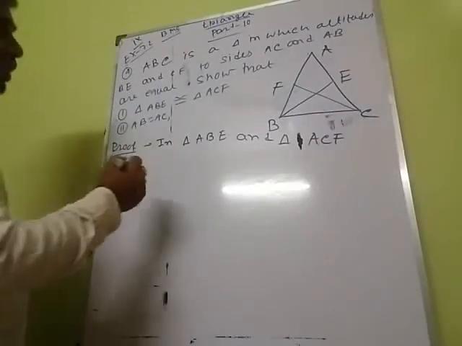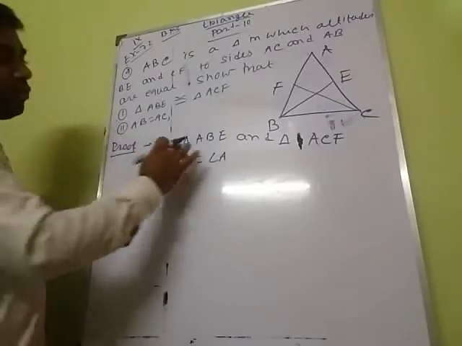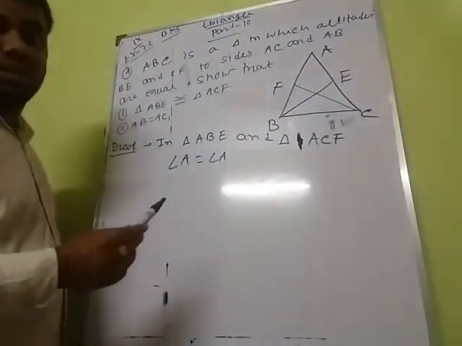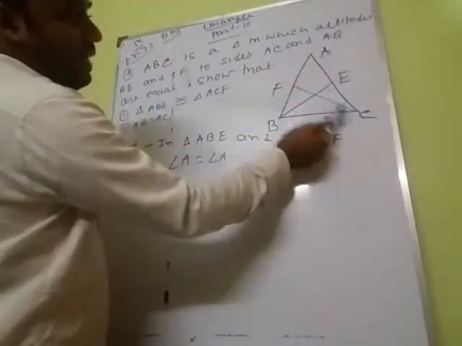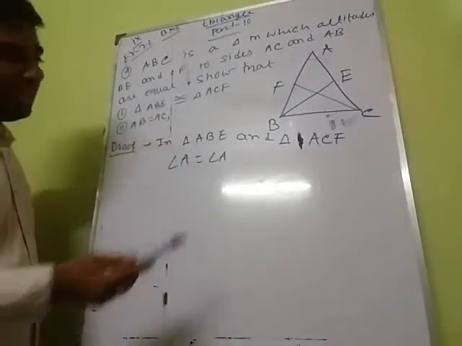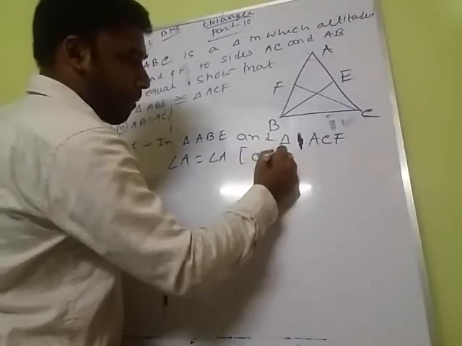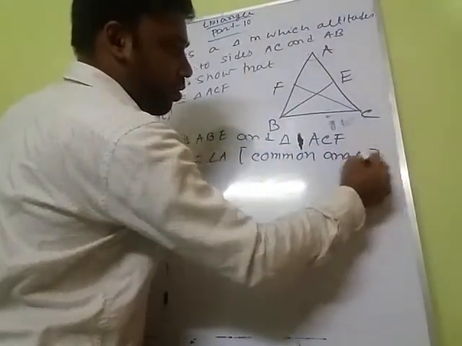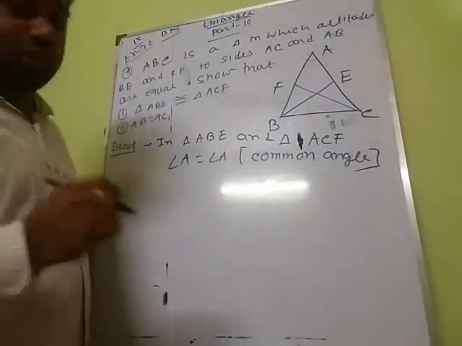So it is obviously angle A equals angle A, because in triangle ABE one angle is A, and in triangle ACF one angle is A. So A is the common angle in both triangles. That's why angle A equals angle A. Reason: common angle.